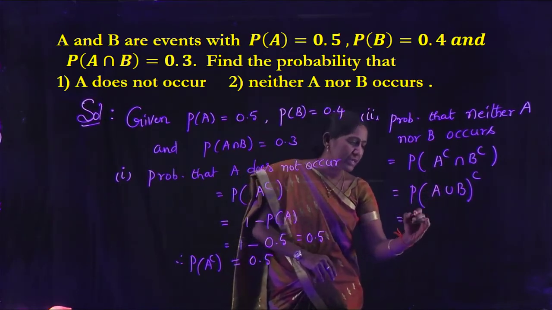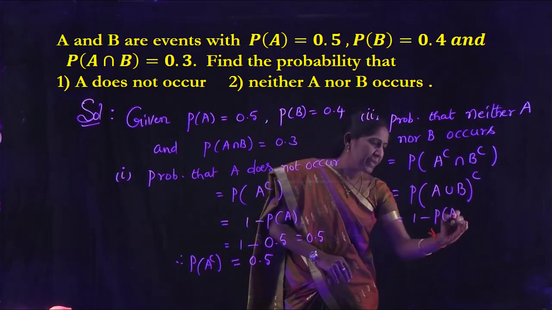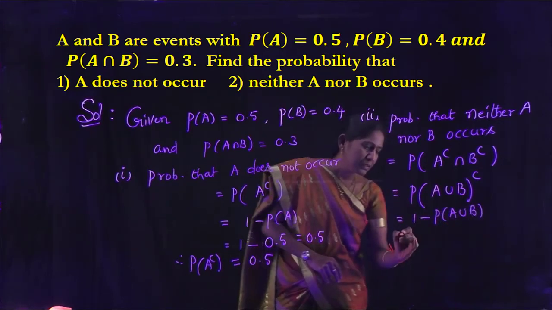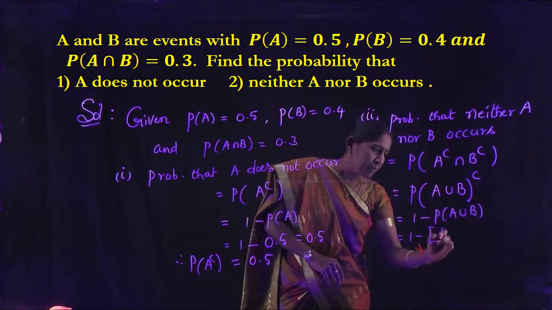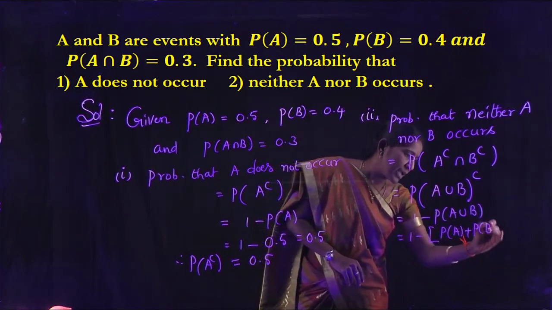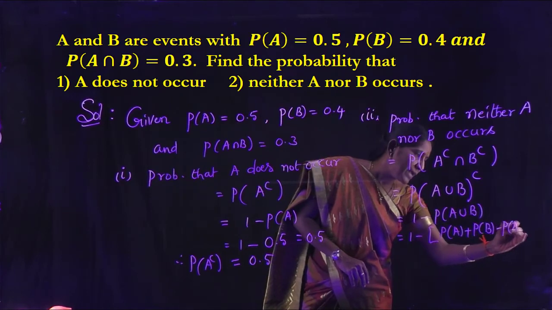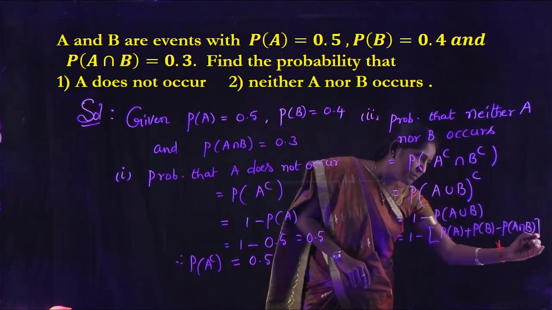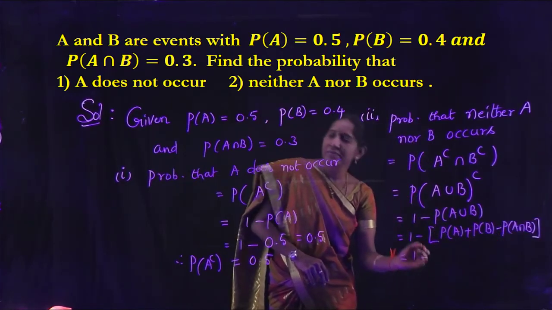So this is equal to 1 minus P of A union B. That is 1 minus, and P of A union B we can write as P of A plus P of B minus P of A intersection B. Already all these values are given.